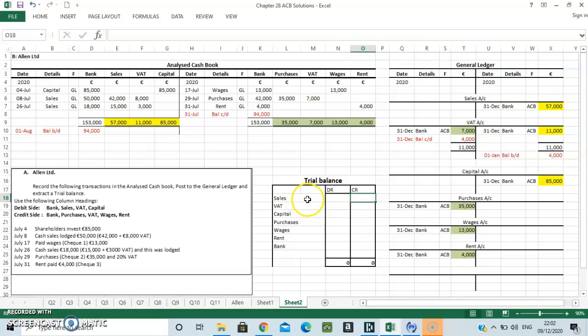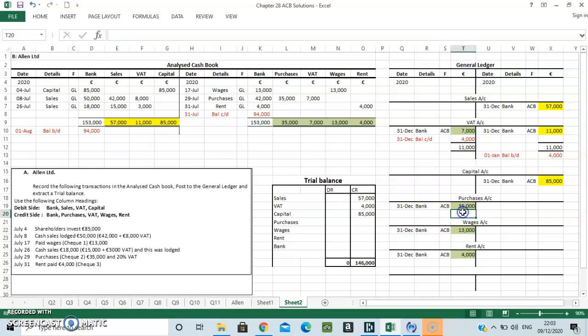So, sales, now we're not switching sides here, we're just summarizing what we have. Sales has a credit of 57,000. VAT, now VAT is tricky, but when we did the balance, it was brought down on the credit side, so therefore the 4,000 goes on the credit side. Capital, of course, self-evidently is on the credit side.